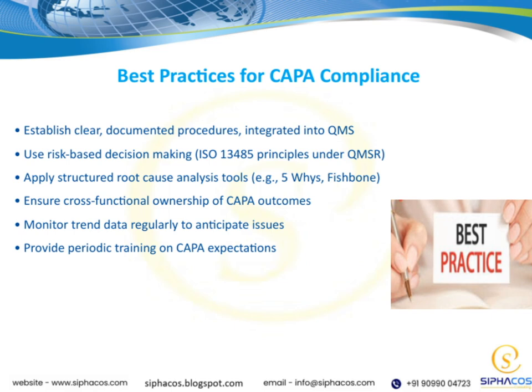Finally, providing periodic training on CAPA expectations keeps everyone aligned and aware of best practices, reinforcing a culture of continuous improvement and compliance. All of these points tie back to our overall goal, maintaining the highest standards of quality and ensuring our processes support safe and effective products.